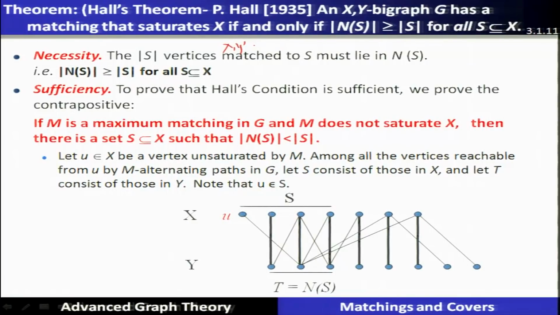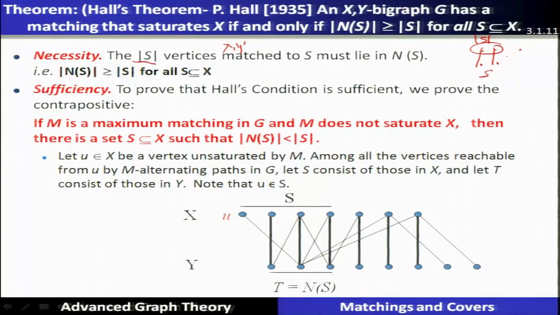So, if there is a matching that saturates X, then the vertices matched to S lie in the neighborhood of S, since they are matched through the edges.